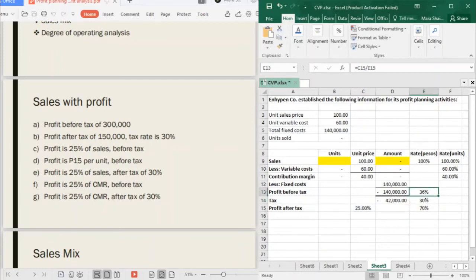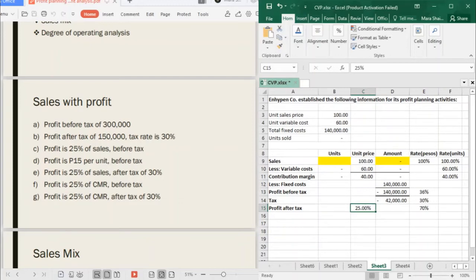Again, the 25% is after tax, so it is not really your profit rate. It is your profit rate only after tax, since it is after 30% was deducted.